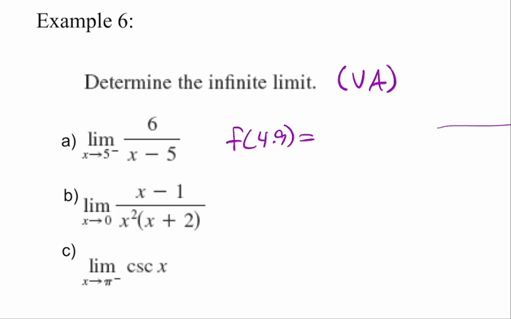And then do I get a positive or a negative? If you plug in 4.9, you get 6 over 4.9 minus 5, which is 6 over negative 0.1, which is negative 60. That's a big negative number. That tells me the answer to this is negative infinity.